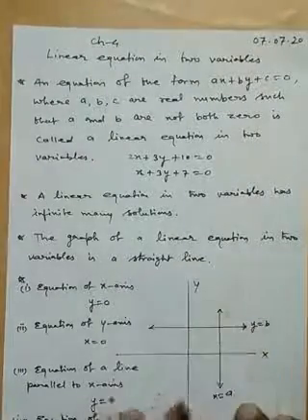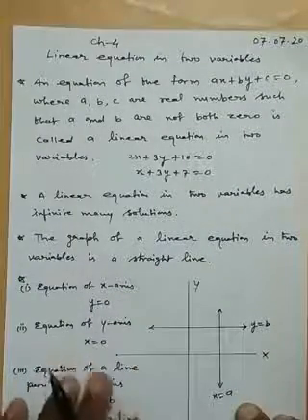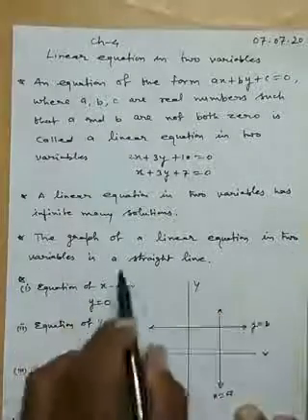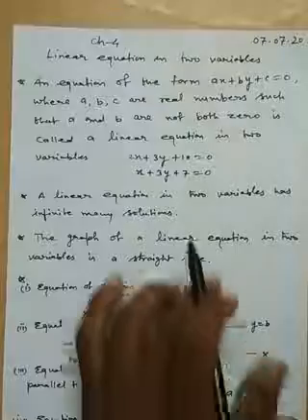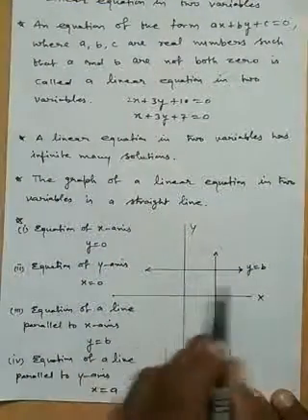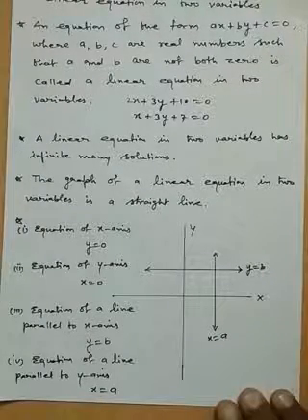So every point lying on this line is called a solution. The graph of a linear equation in two variables is a straight line. It is always a straight line.